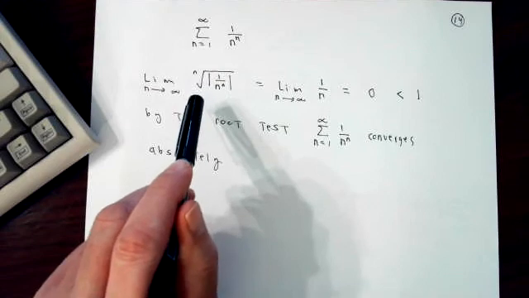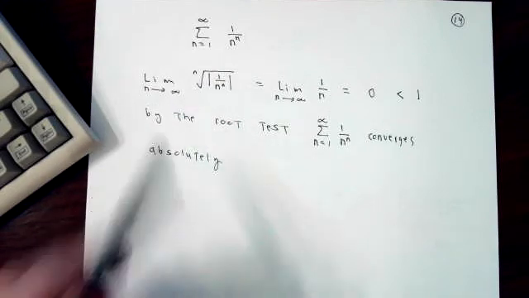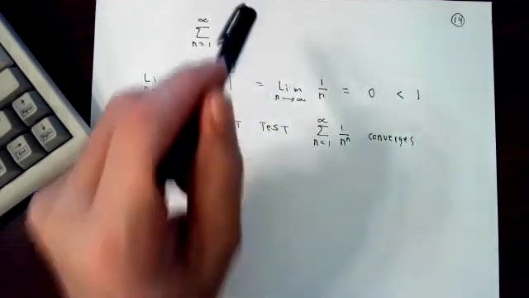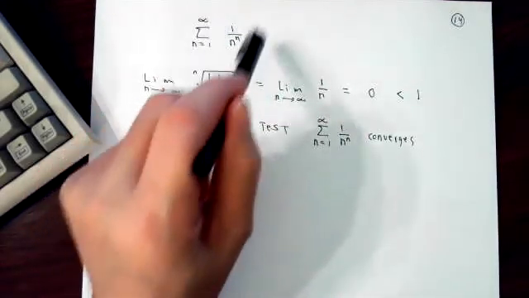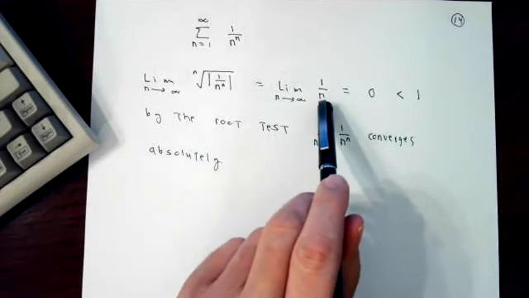Calculate the principal nth root of that and take the limit as n tends to infinity and see what we get. The reason that the root test is going to work so nicely is this is something raised to the n power. When I take the nth root of the nth power of 1 over n, I just get 1 over n.